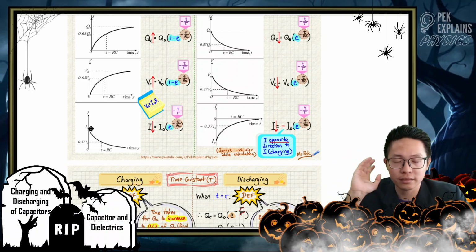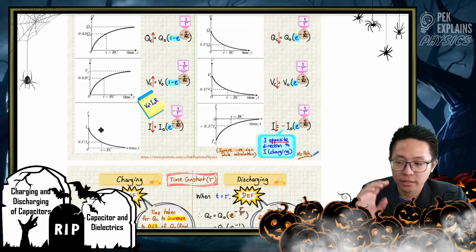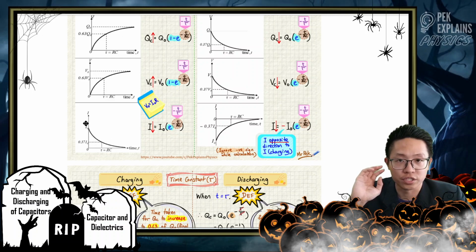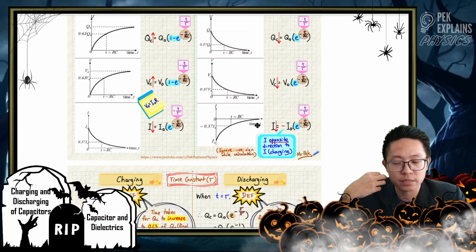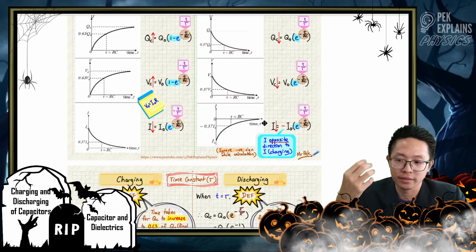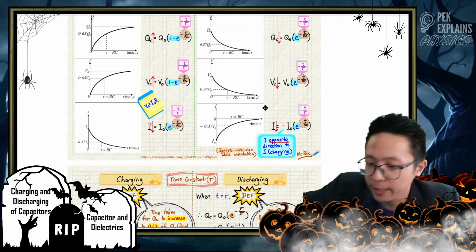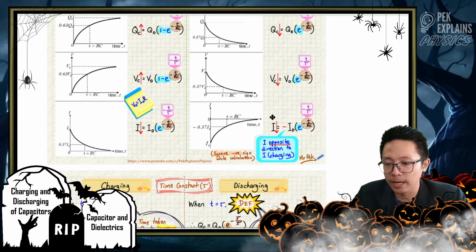Understand? During the charging process, the current decreases because the charging process is almost complete. For the discharging process also, the current decreases because the discharging process is almost complete.